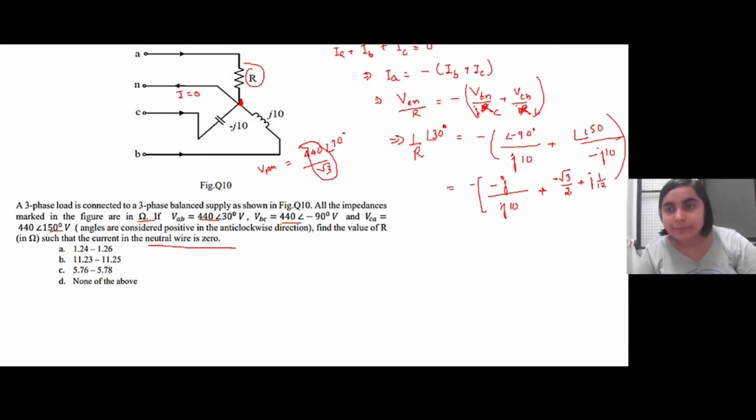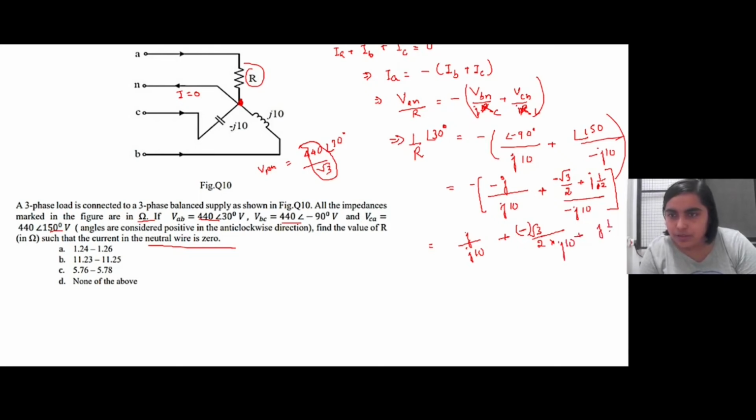Sine of 150 is half, by minus J10. If we bring the minus sign inside, J by J10, so it will be root 3 by 2 times of, there will be a negative sign here, so it is J10 plus J by 2 times of J10.